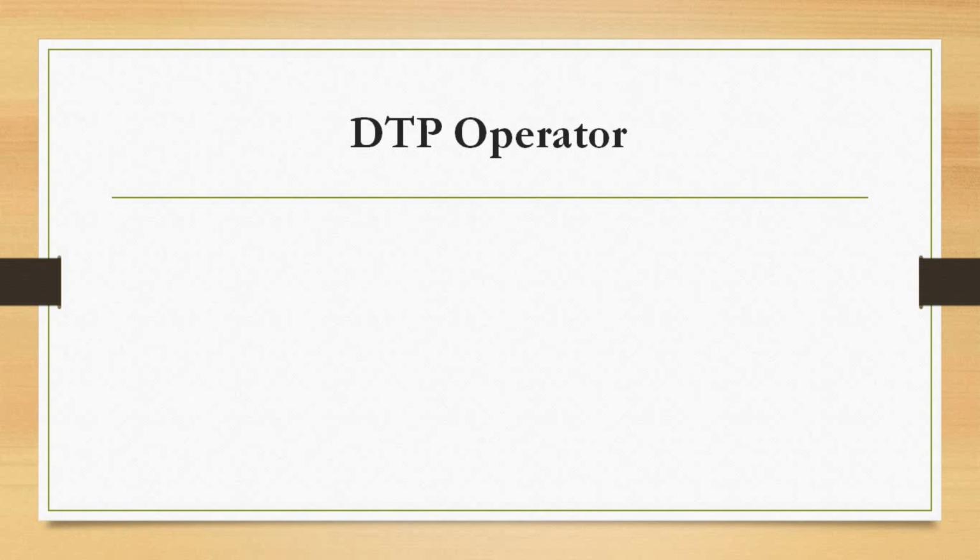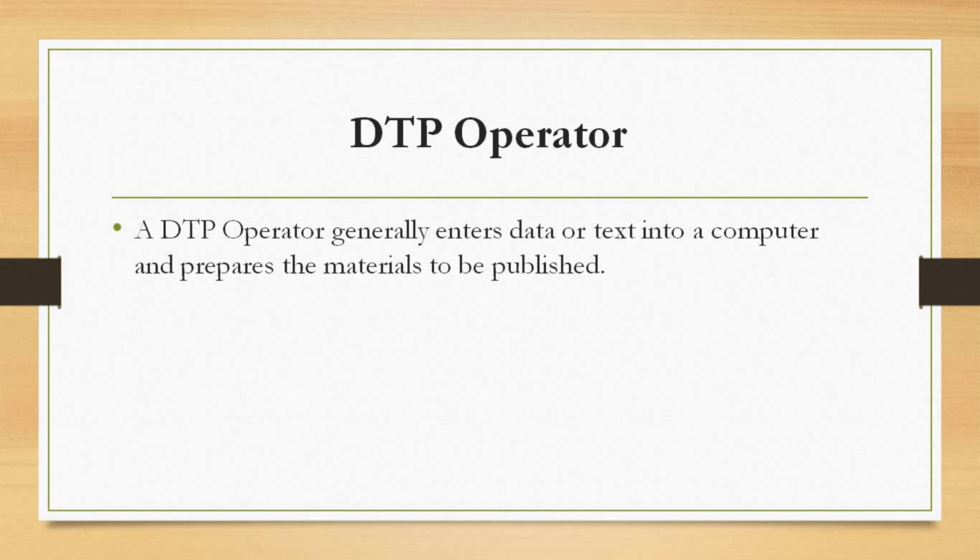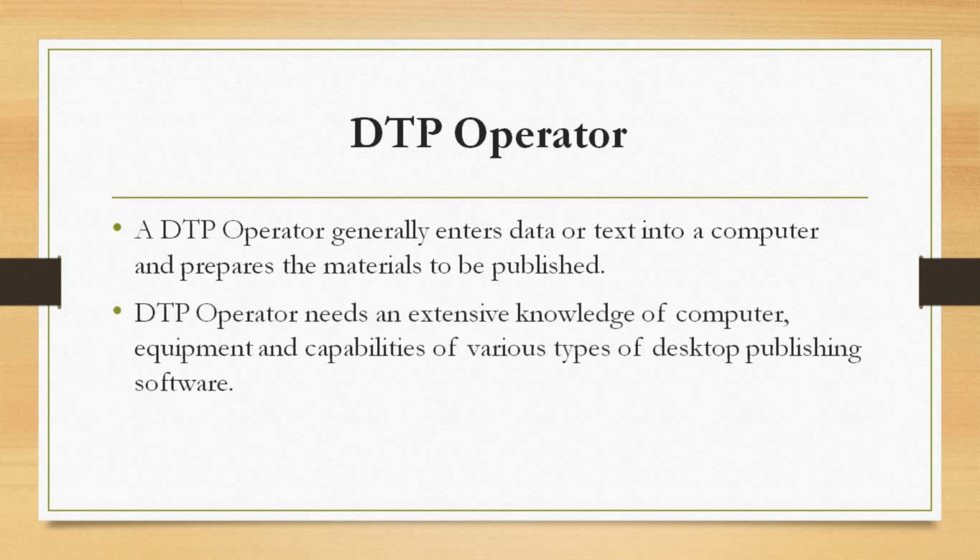So next topic is DTP operator. Who is a DTP operator? He is a person who generally enters data or text into a computer and prepares material which has to be published.